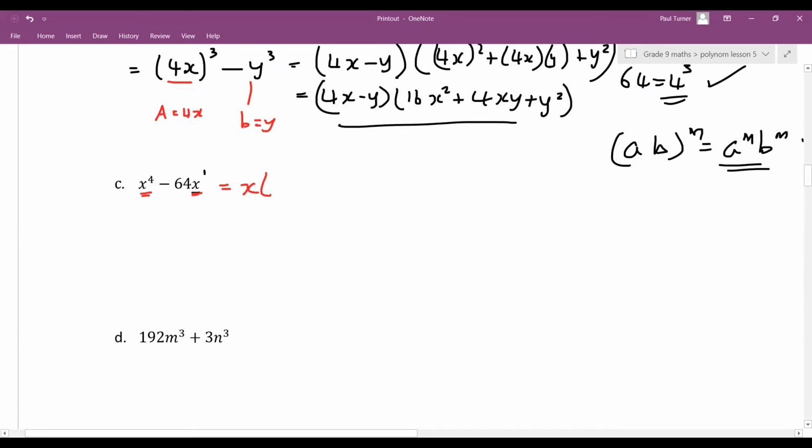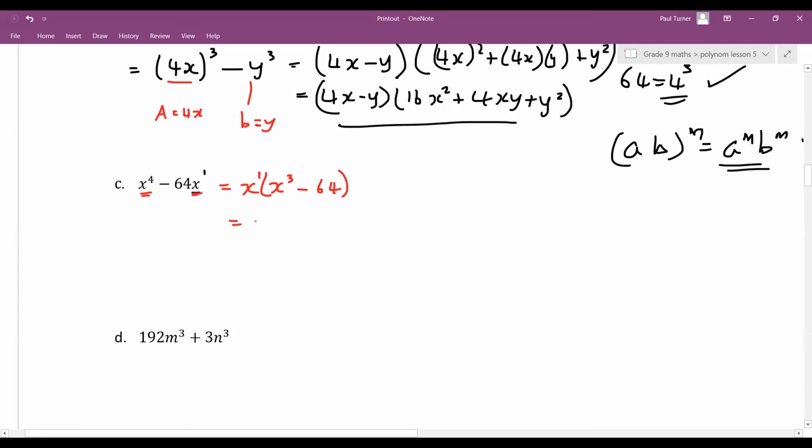So always look for a common factor first when you have this kind of situation. So x is a common factor. This will be x cubed. So x cubed times x, you add the powers, remember, so x to the 4, minus 64, and the x has already come out.